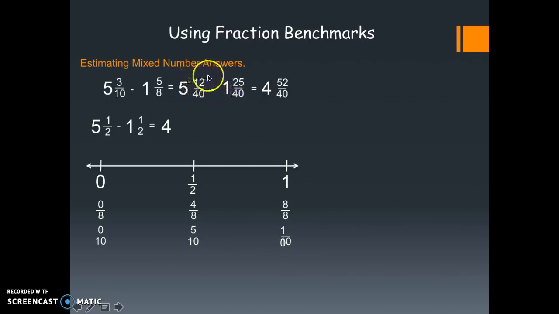When I move 40/40ths over and add 12, I'm going to get 52/40ths minus my 1 25/40ths. So 52 minus 25 gives me the 27. 4 minus 1 gives me 3. So 27/40ths is more than a half, because 20/40ths would be a half. So it's between a half and 1. 3 plus that almost 1 gets me close to 4. So I know that my answer is reasonable.